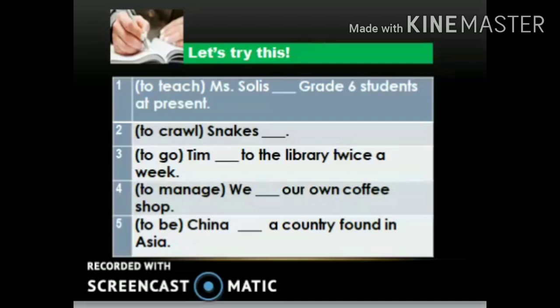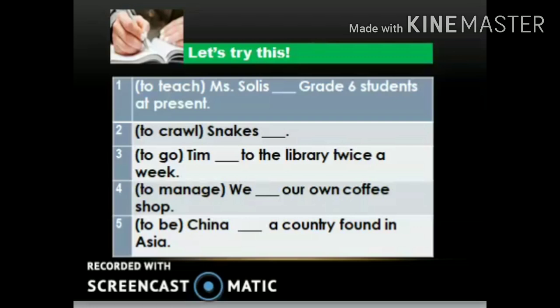Let's have number 4. We blank our own coffee shop. The answer is manage. The correct sentence is we manage our own coffee shop.